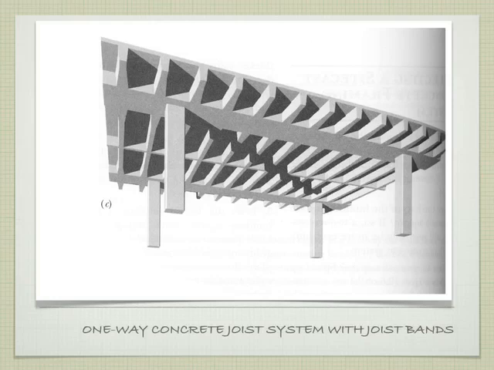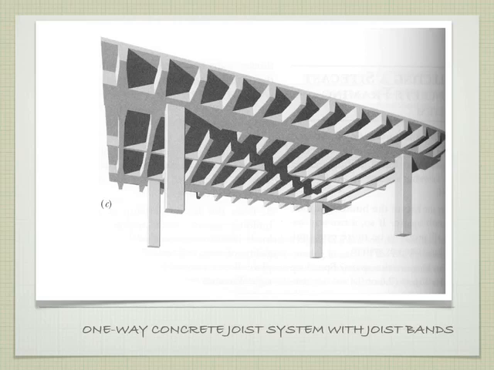So in this particular example, we have a parallel line of support here and there. But we want to span between these two lines of support. They're far enough away to where we need some significant depth. And this usually starts in the realm of 18 inches, 2 feet, something like that. But if we had a 2-foot thick slab, it's just way too heavy.